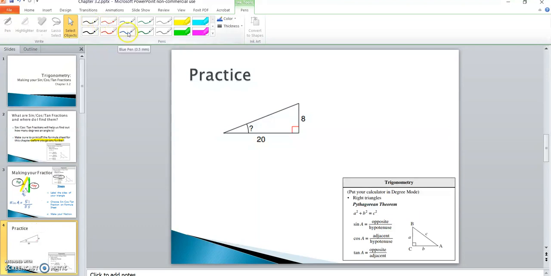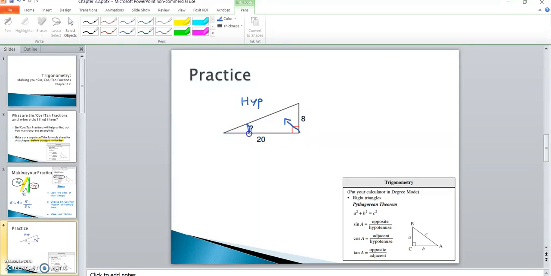So the very first step that we do is label the triangle. So I would like you to pause the video and label your triangle the hypotenuse, adjacent, and opposite. Alright, so I'm going to draw an arrow through the right angle, and that is my hypotenuse.